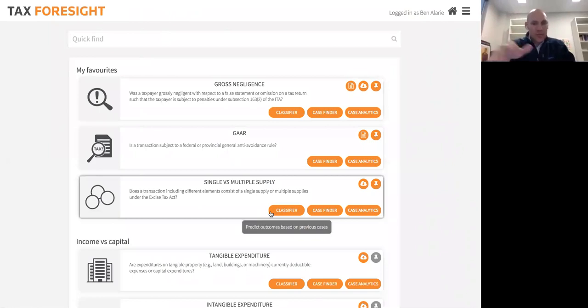What we're finding with most of our classifiers is we're getting around 90% accuracy in predicting out of sample what the courts will do in those actual cases. There are a couple of different ways we assess the accuracy of the classifiers.